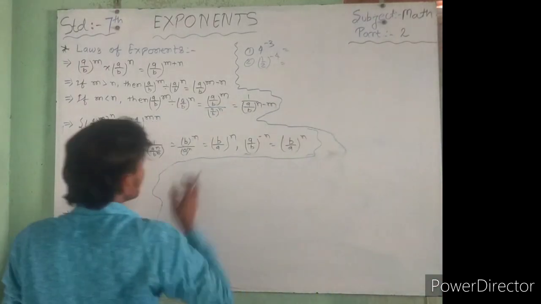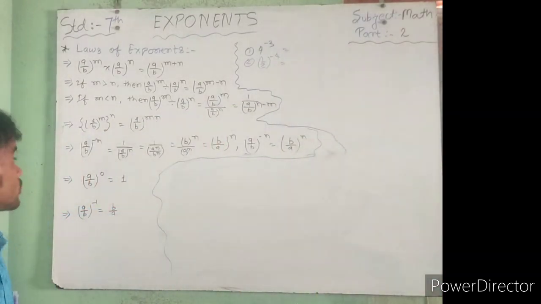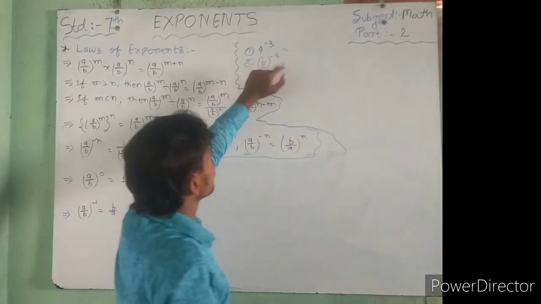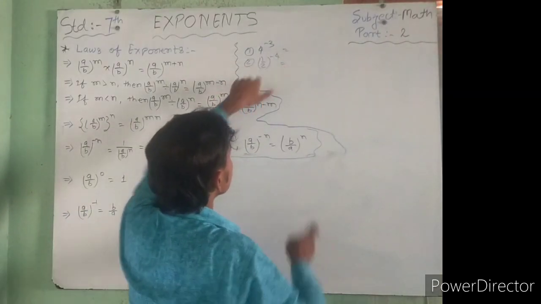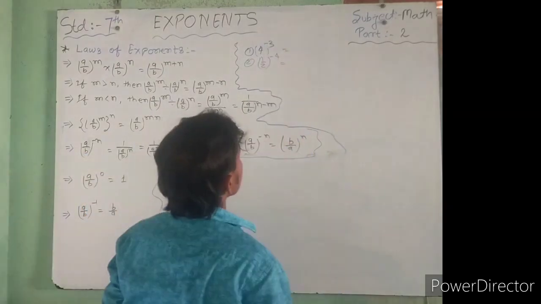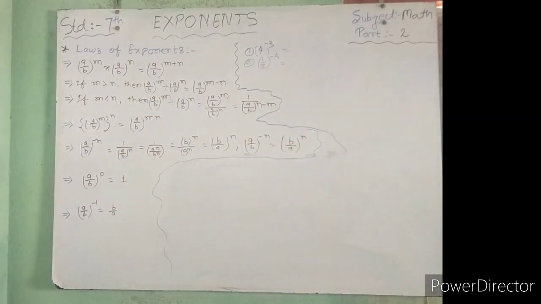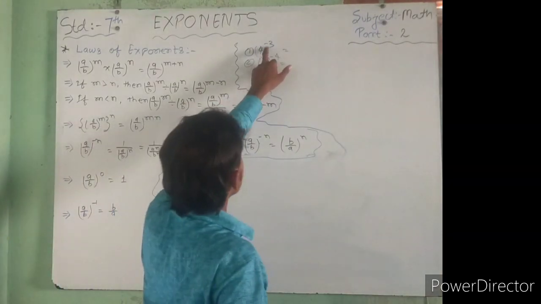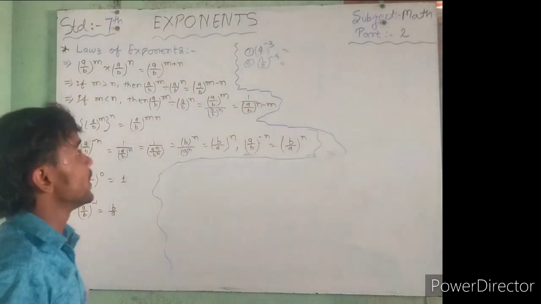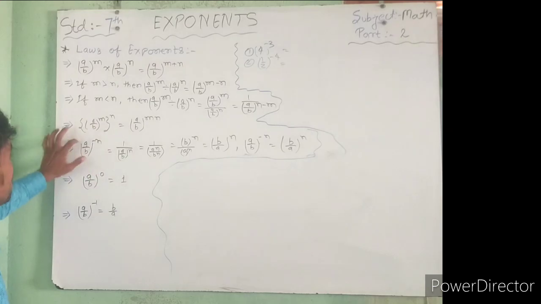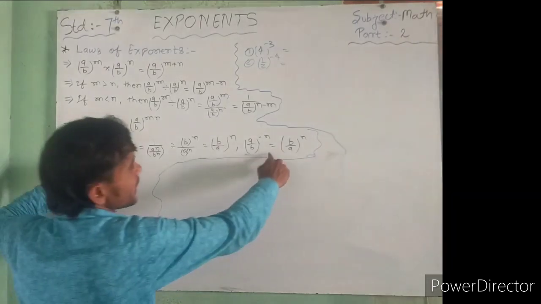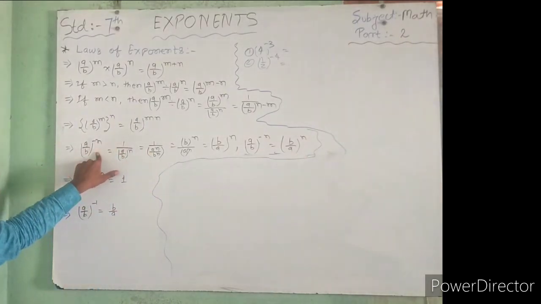Okay, you also see here some questions, just like how to solve 4 power minus 3 and 1 by 2 power minus 3. Firstly, a by b power minus n, you convert it to b by a power n.